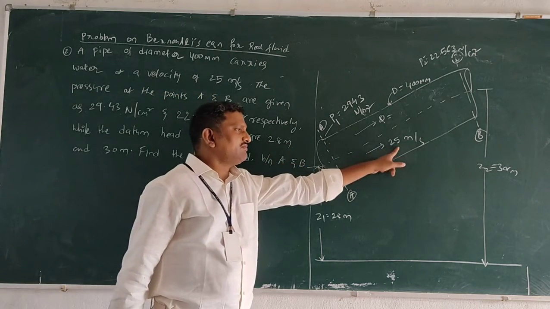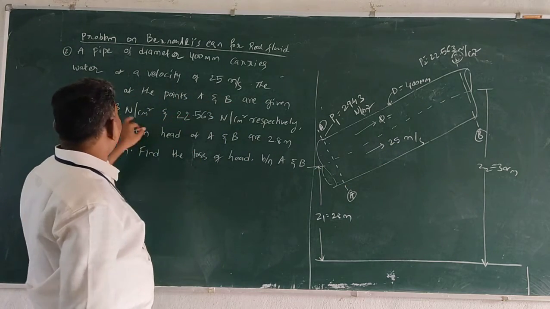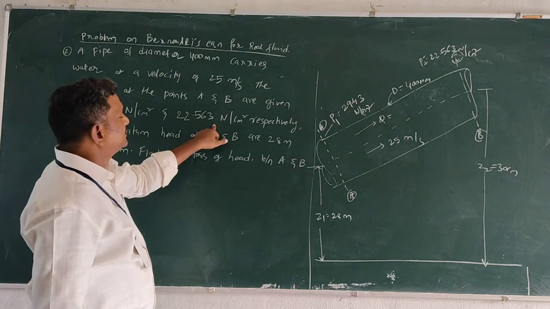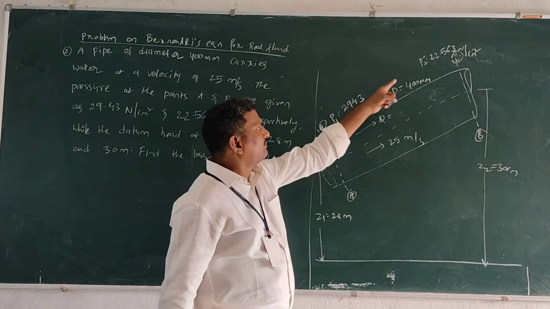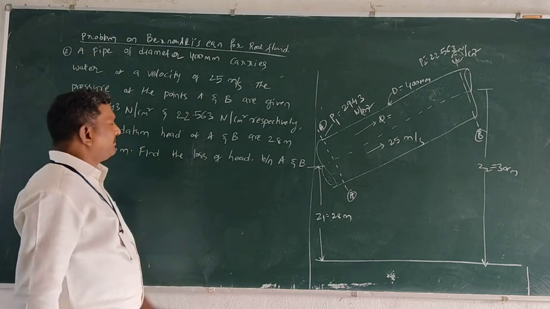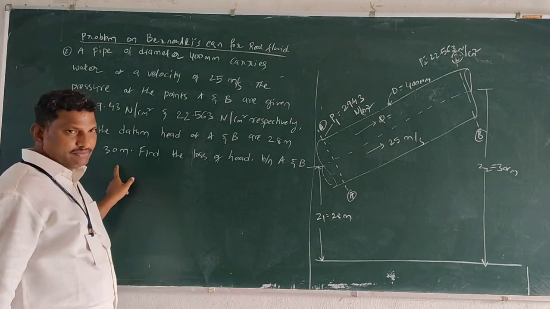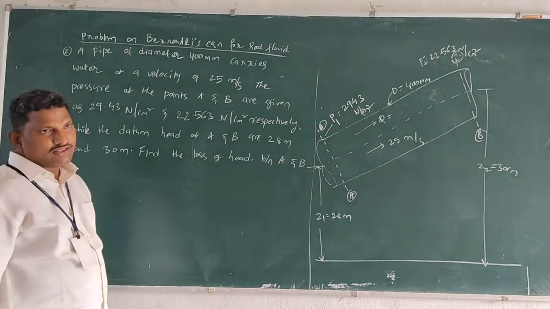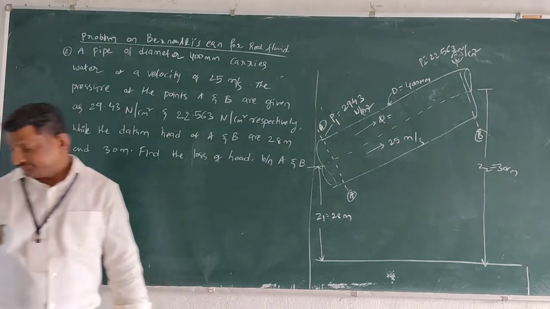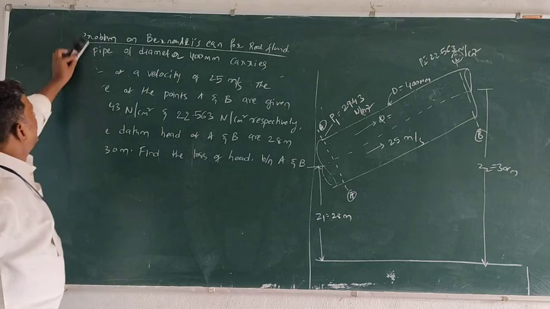The pressures at points A and B are given as 29.43 and 22.563 newton per centimeter square, while the datum heads at A and B are 28 meters and 30 meters. So what is to be found? The loss of head between A and B. Okay, first of all, write down the given data from this problem.